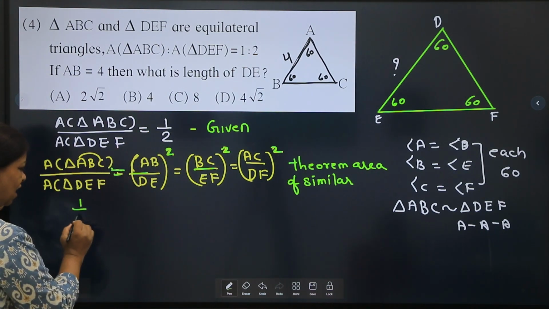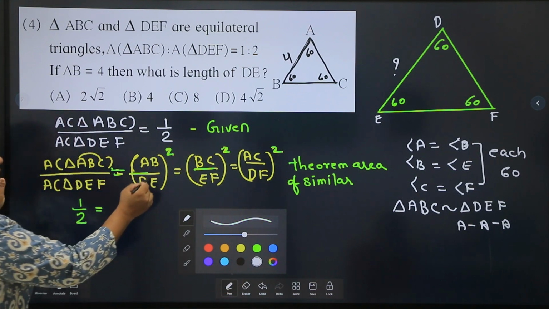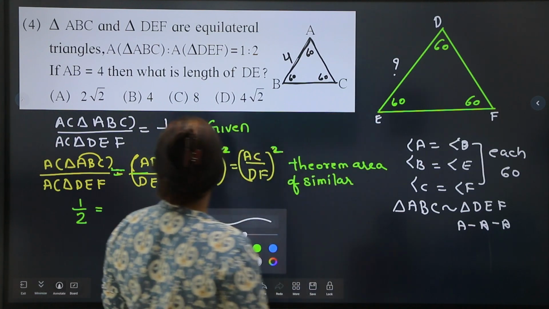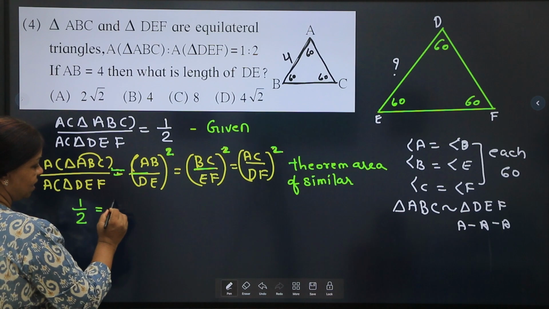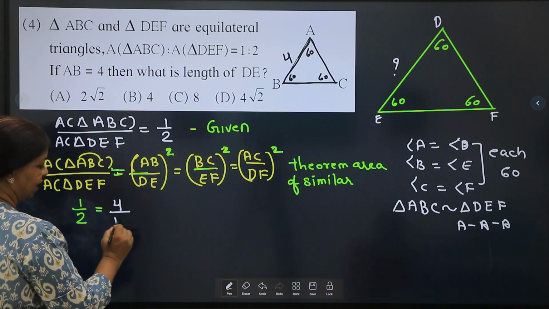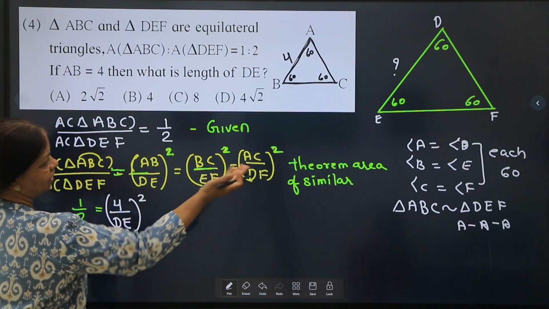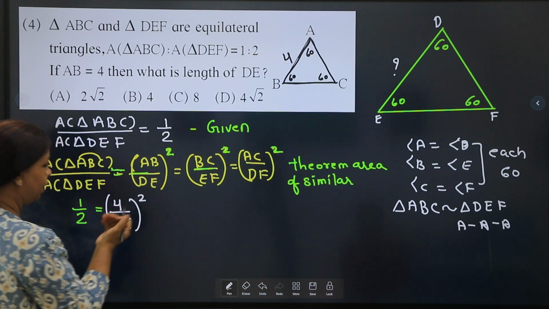So let me write it half, which is equal to AB upon DE, and AB is given 4, DE we want to find out. Let us write it square. Further they have not asked anything, so we will not write anything, only this we require to write.